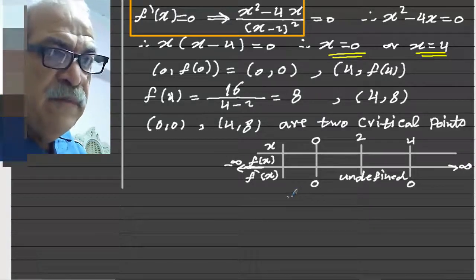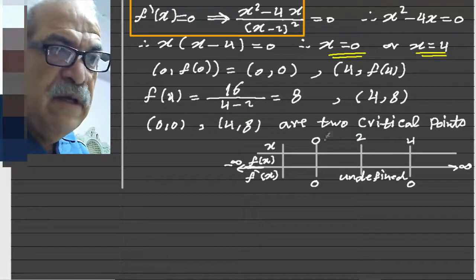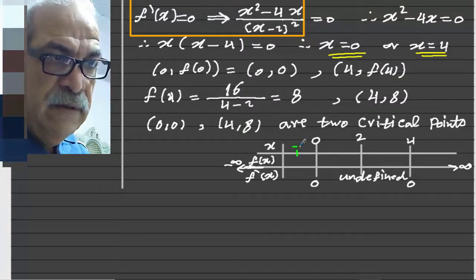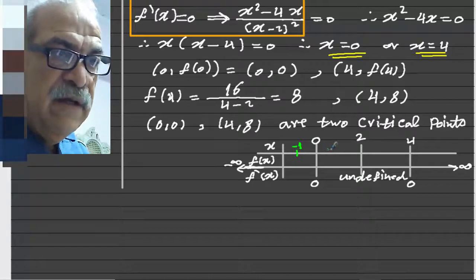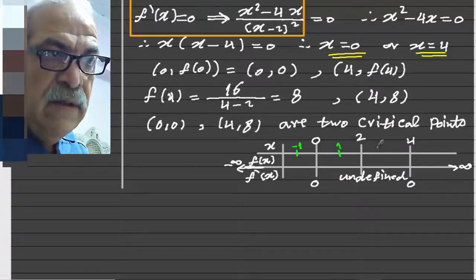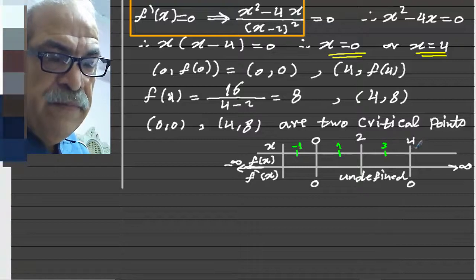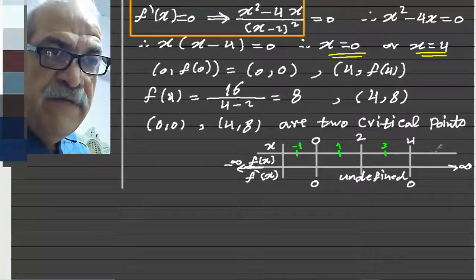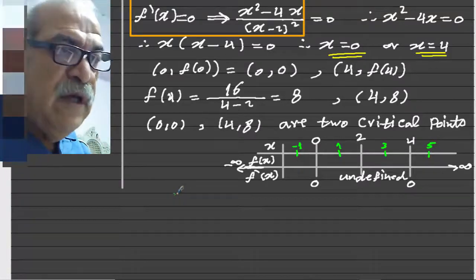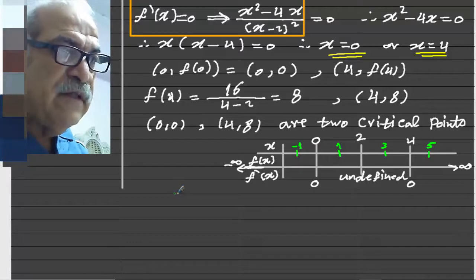Now we choose a number belonging to this interval, like negative 1, and another belonging to the second interval, it is 1. Third interval, we choose a number like 3. Fourth interval, we choose the number 5, and we check the sign for f dash of x.